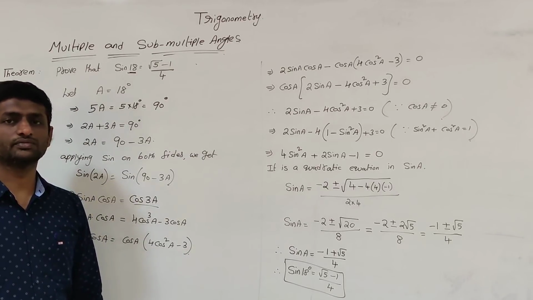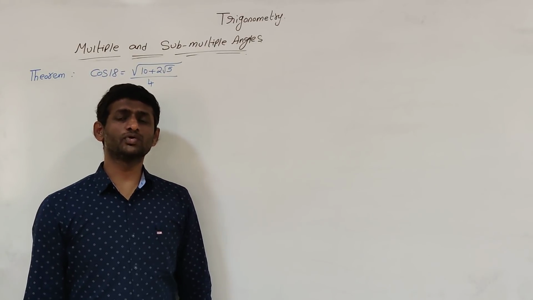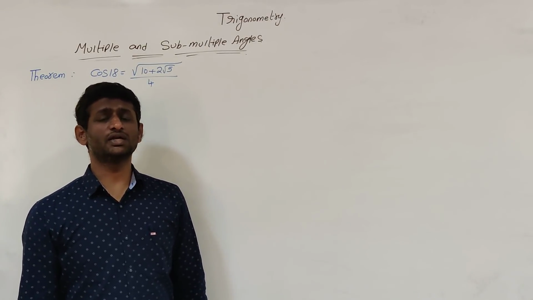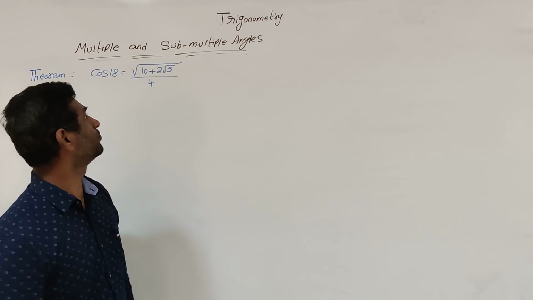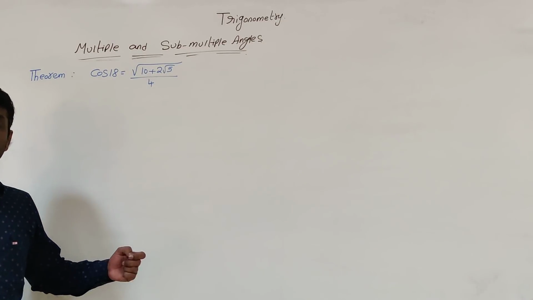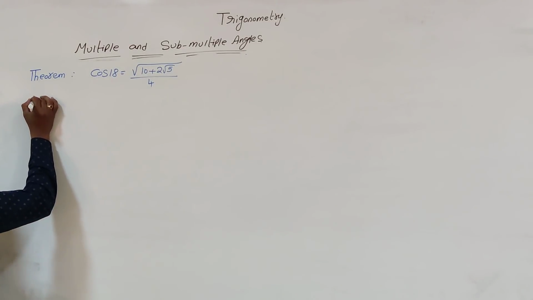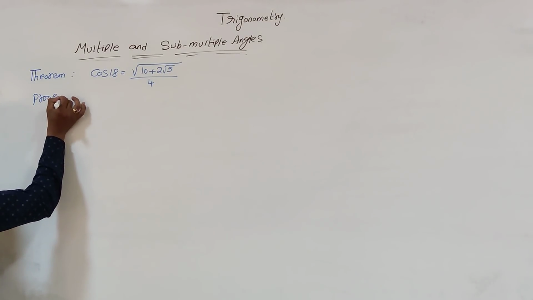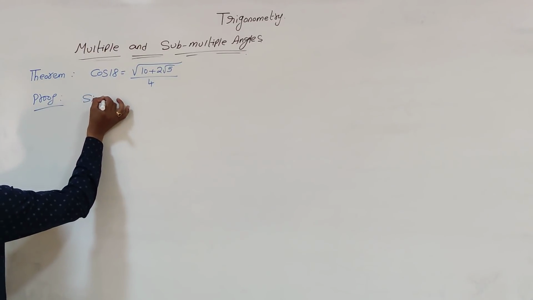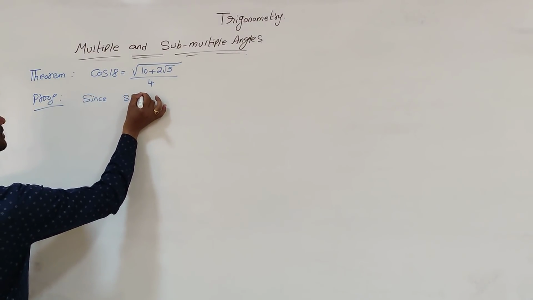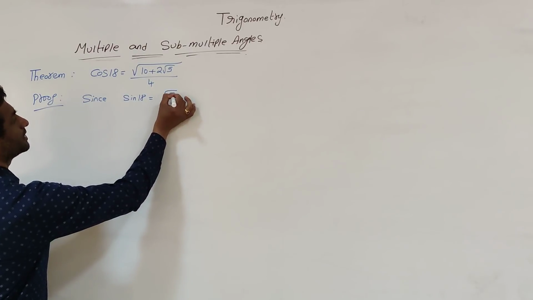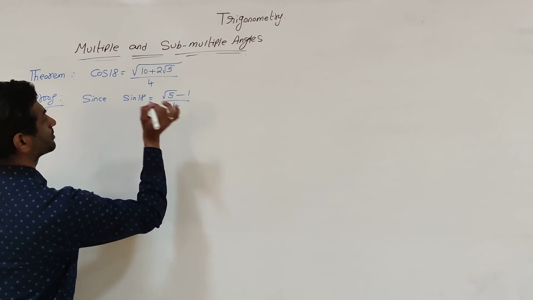Next theorem. Prove that cos 18 is under root of 10 plus 2 root 5 by 4. But we know what sin 18 is. Let's see the proof. Since sin 18, as we have just seen, is root 5 minus 1 by 4.